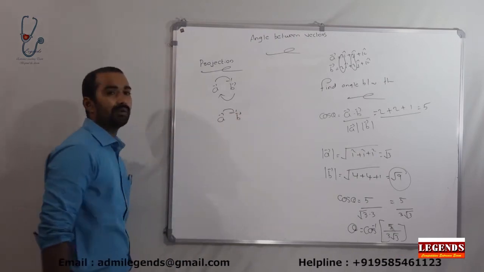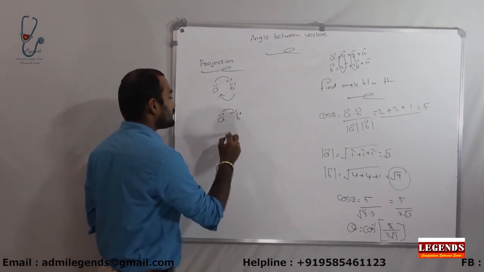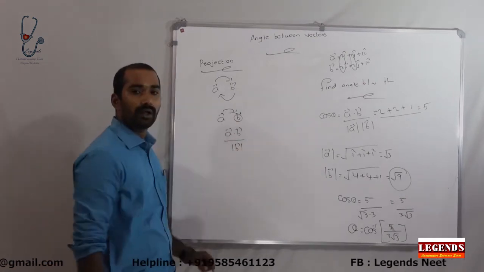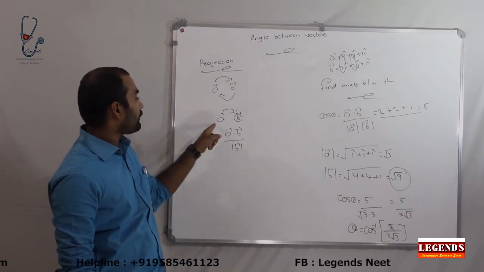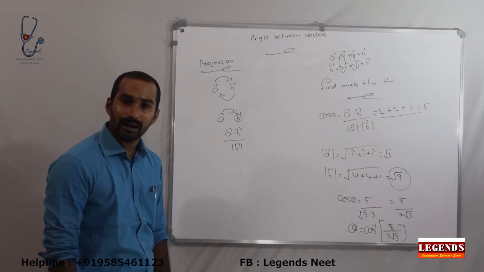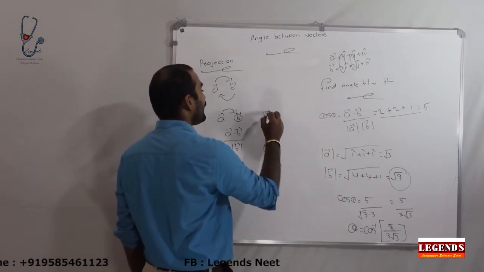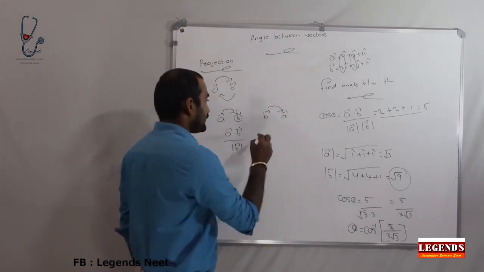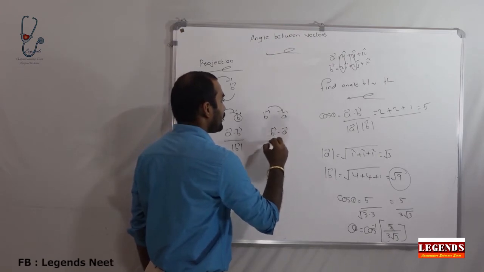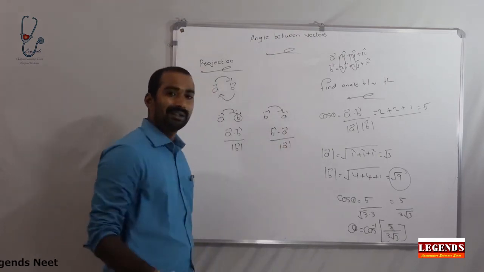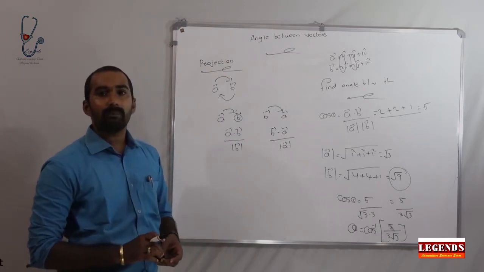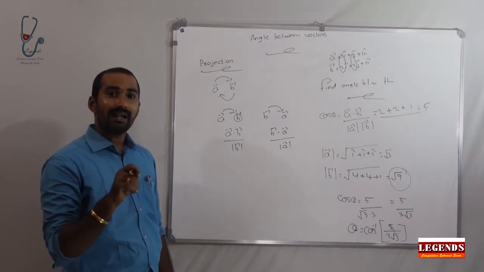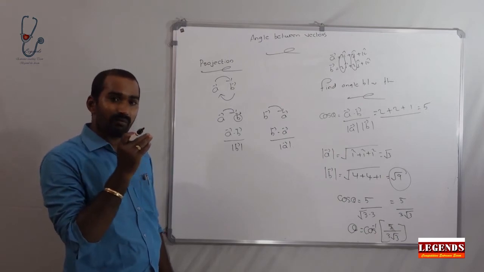If we are defining the projection from A to B, then the equation is A vector dot B by magnitude of B. In the case B to A, B vector to A vector, we can find the projection as B vector dot A vector divided by magnitude of A. Symbolically, you find the projection of any two vectors by taking the dot product and dividing it by the magnitude of the vector it is going to.